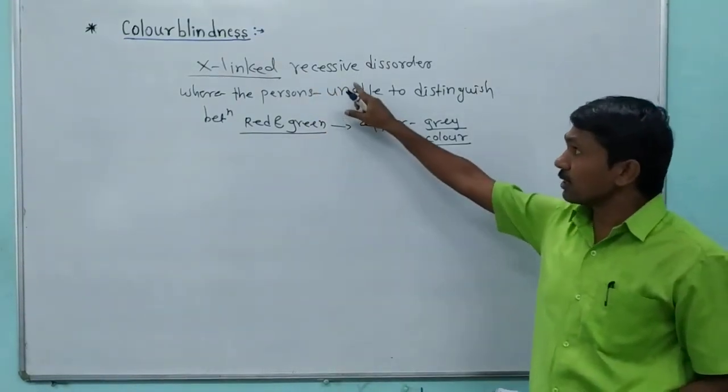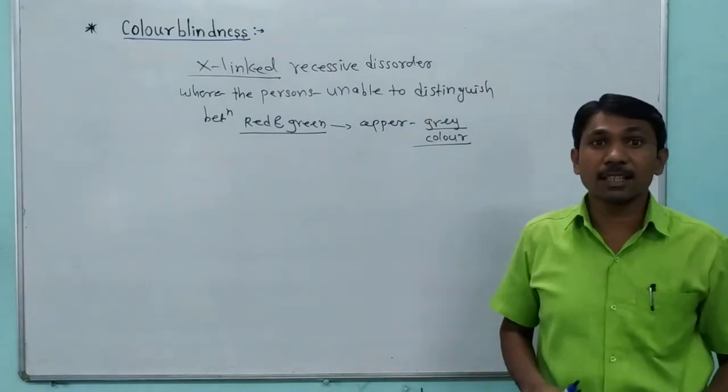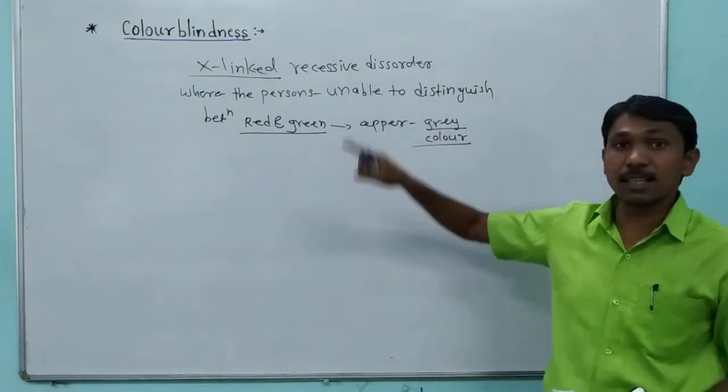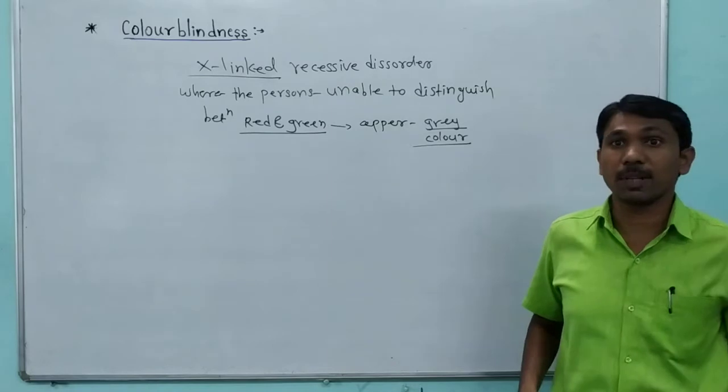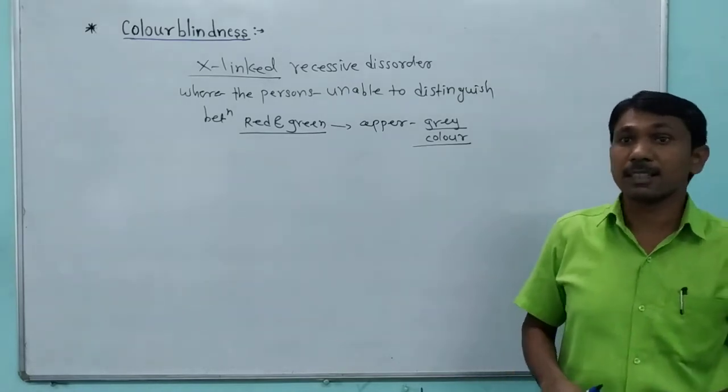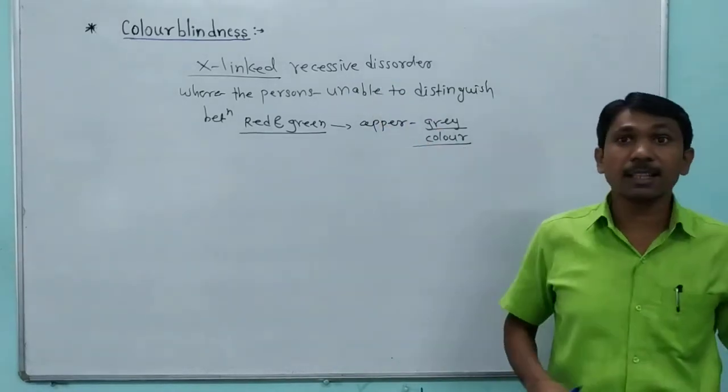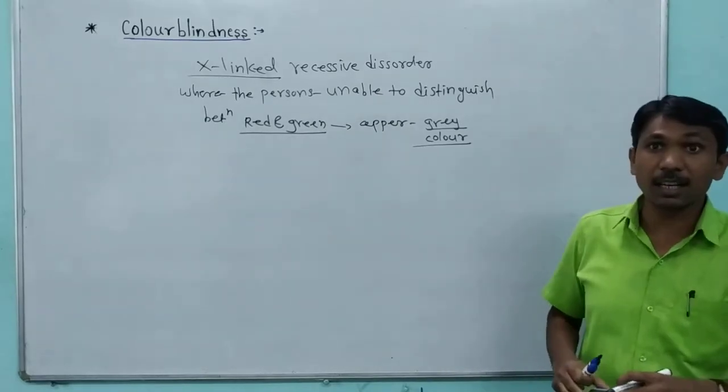Okay, हा कोणता डिसऑर्डर आहे? X-linked recessive disorder आहे. ओके, त्याचे आपण दोन प्रकार बघितलेले आहेत, X आणि Y लिंक. त्यापैकी हा X-linked recessive disorder आहे आणि हा कधी होतो?